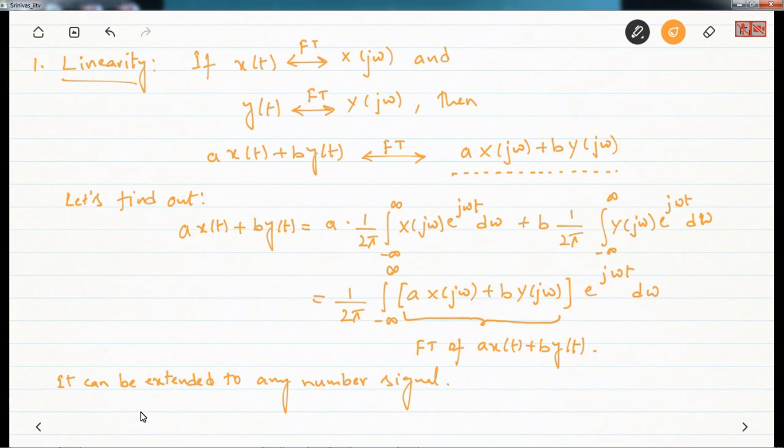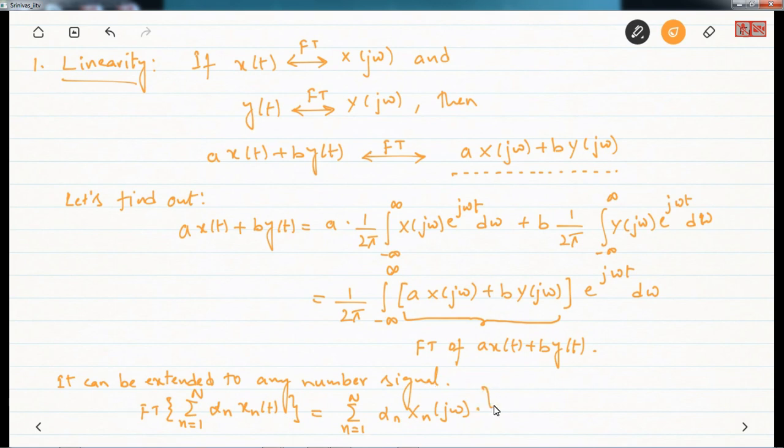So it's simply the Fourier transform of the summation, n equal to 1 to capital N, of some alpha n xn of t, which is equal to the summation, n equal to 1 to capital N, of alpha n Xn of j omega.